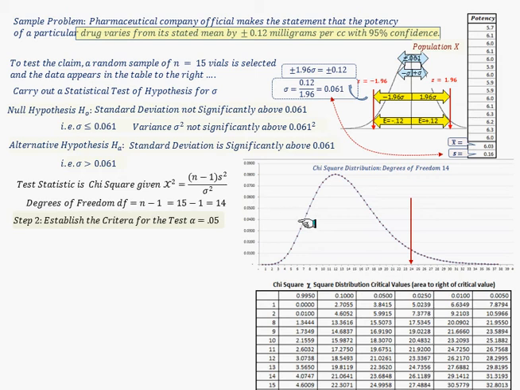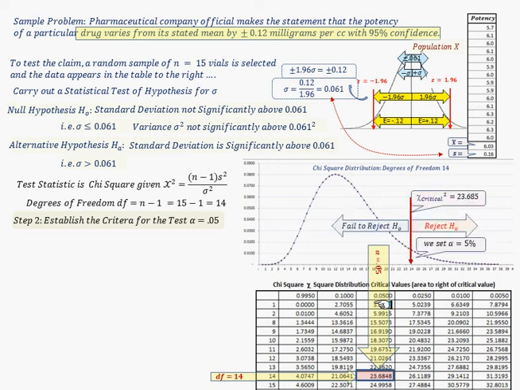If, for example, we're going to look at the critical value, degrees of freedom 14, with a one-tail value of 0.05, the critical value 23.685 gives rise to the rejection region, and the failure to reject region.